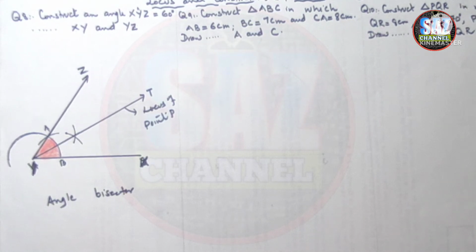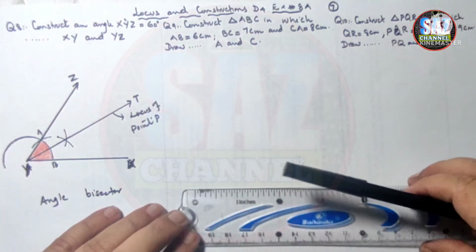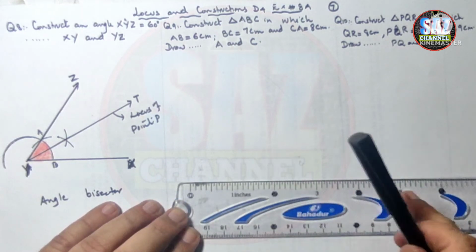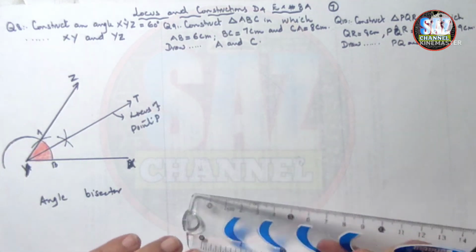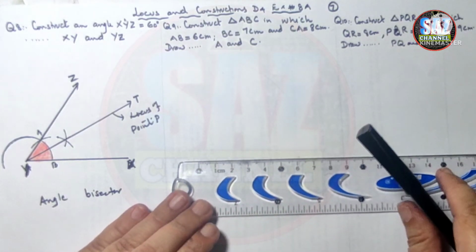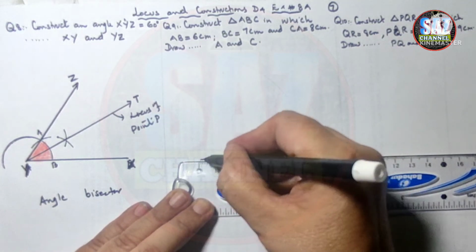So, we have to construct the baseline: AB is 6 centimeter. You have to be really accurate about the measurements that you are drawing.